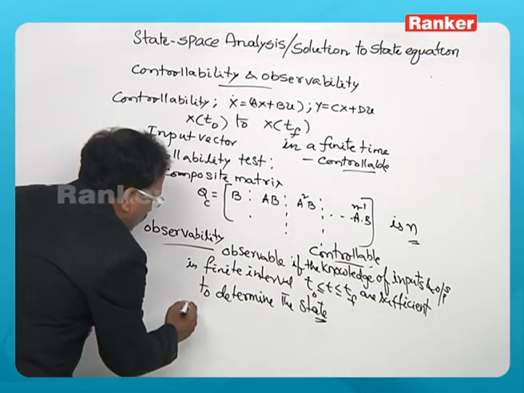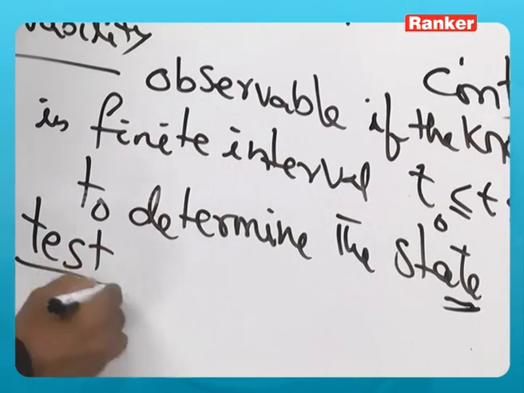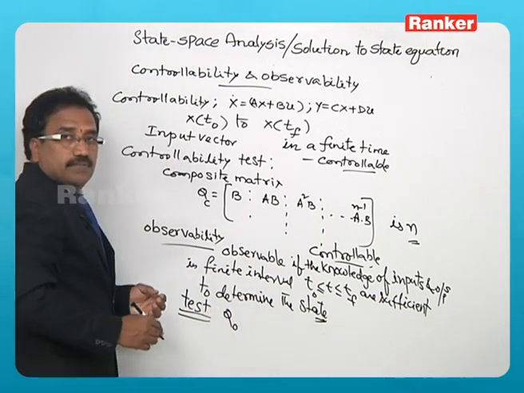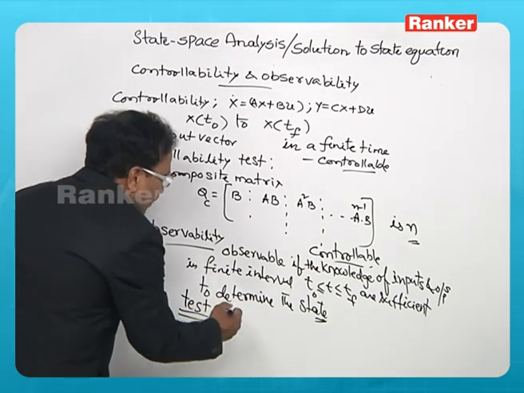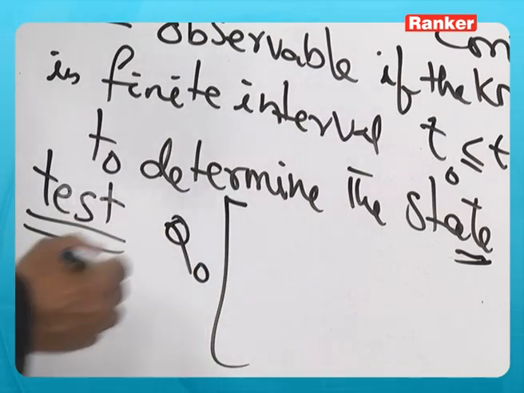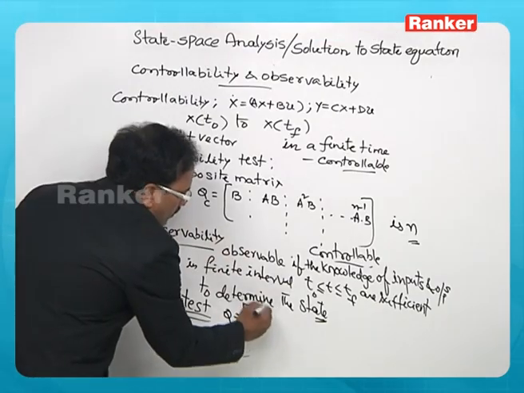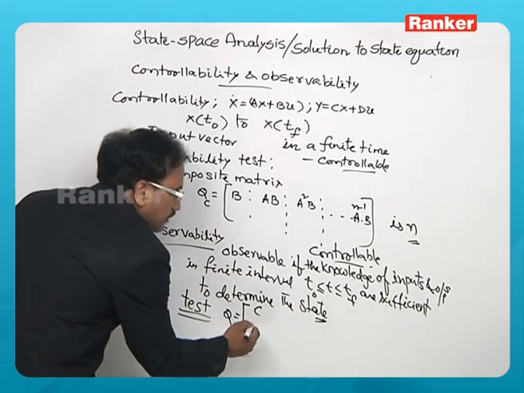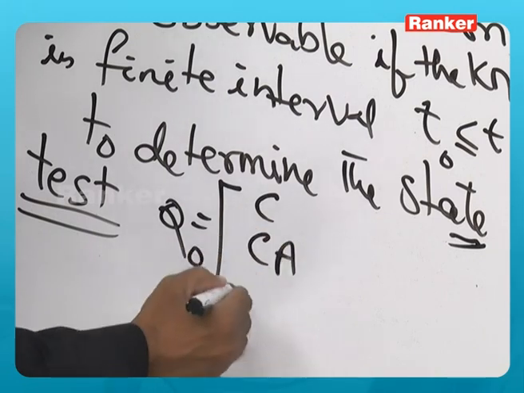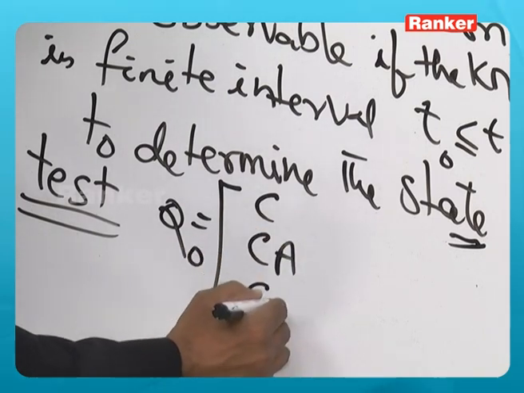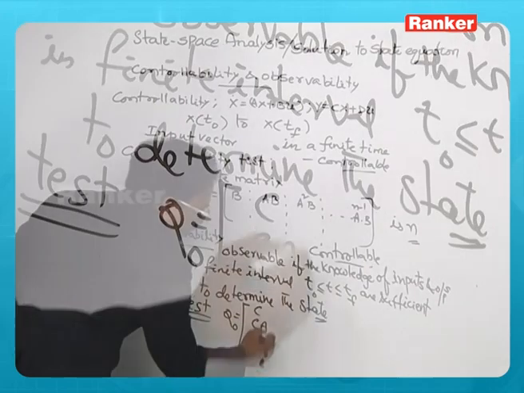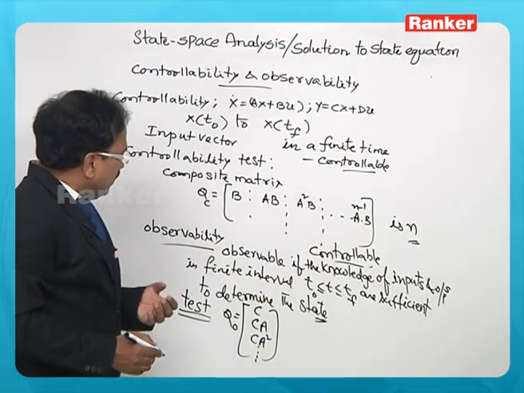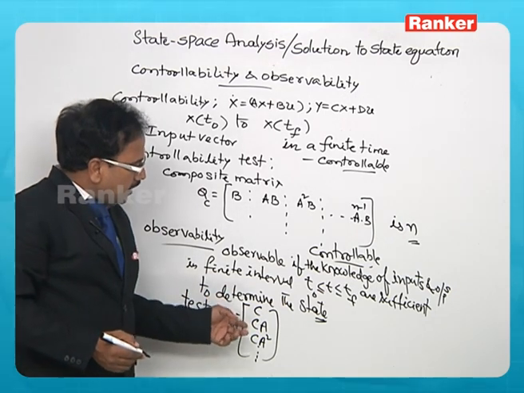So, for this also there is a test, observability test. For this you need to have a matrix again, Q0, and the components of this Q0 are C matrix, the output matrix, then CA the second component, then C A square and so on. Observability matrix is again formed with the help of output matrix and state matrix.